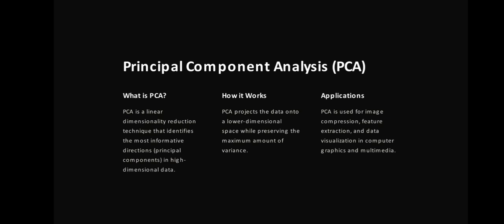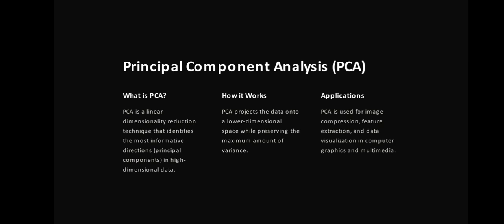It also ranks these components by how much of the total variability in the data they explain, like what is more important and what is not, and accordingly it selects the top components that capture most of the variability of the data, and then it keeps those and discards the rest.